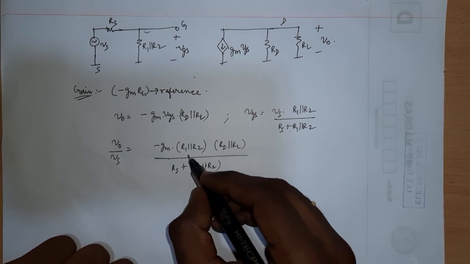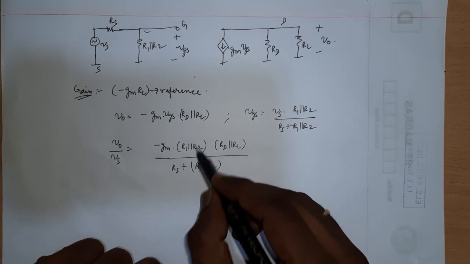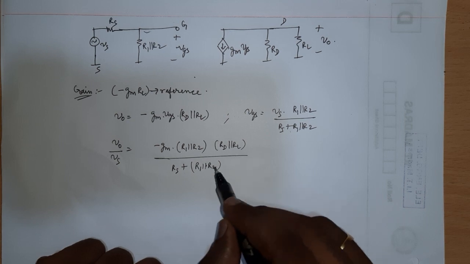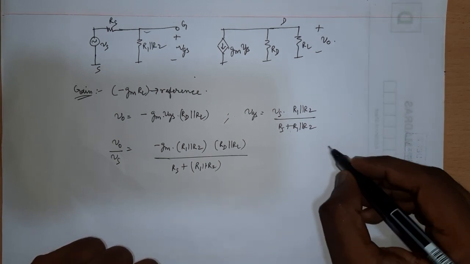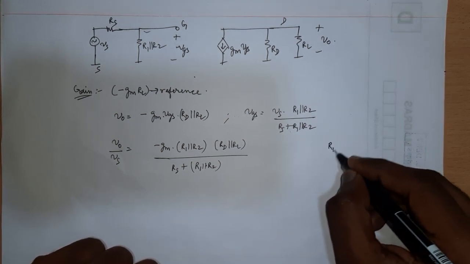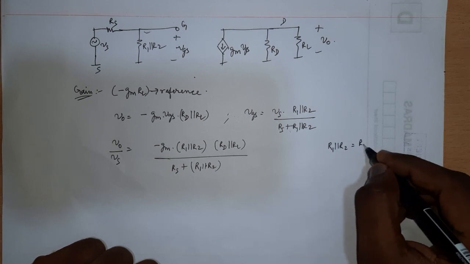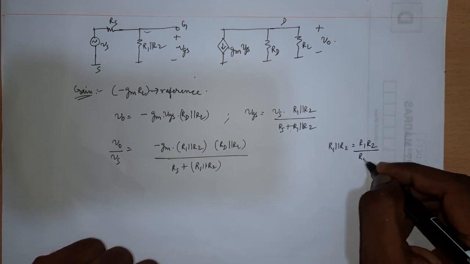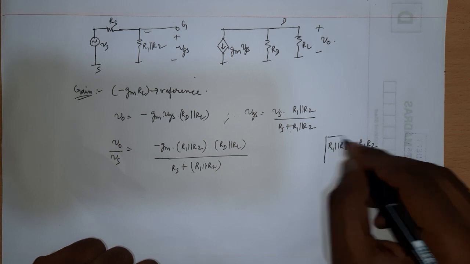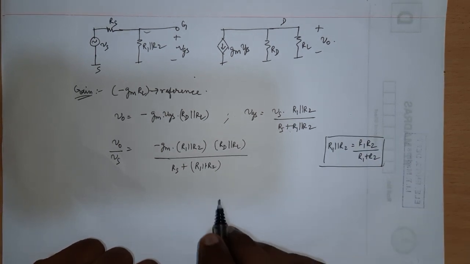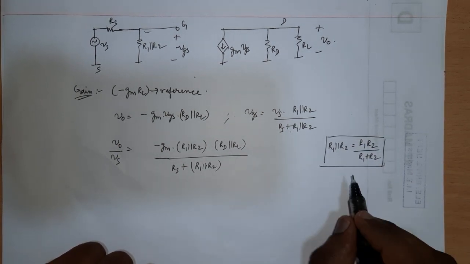By the way, I assume that this double line symbol is parallel combination, which is essentially R1 parallel R2 is nothing but R1 R2 by R1 plus R2. So this is what you would get.